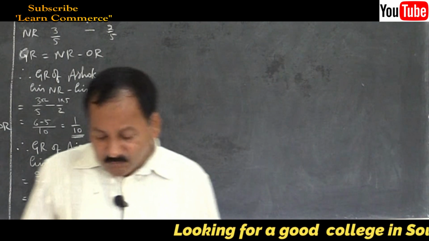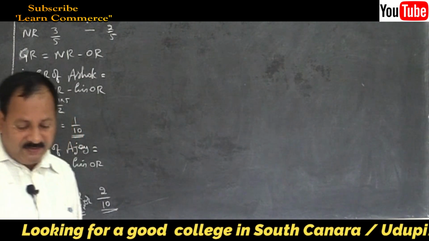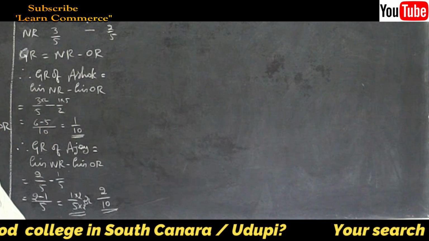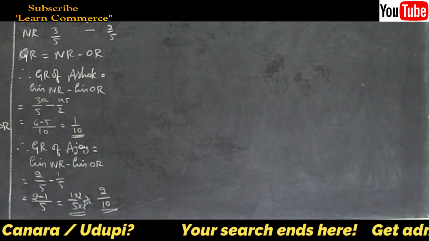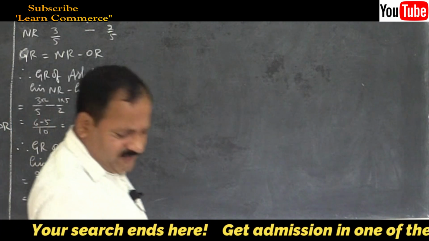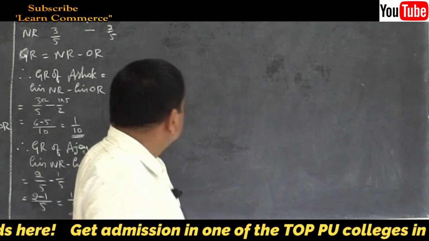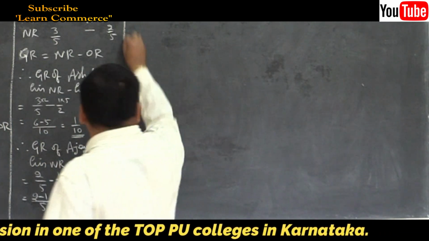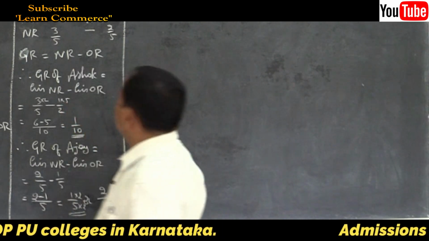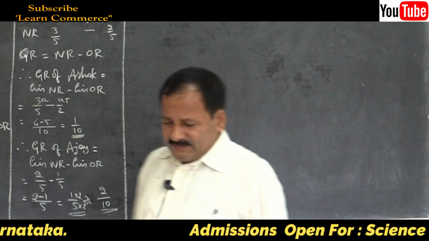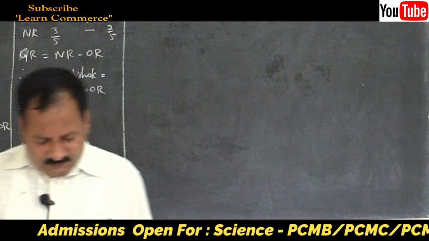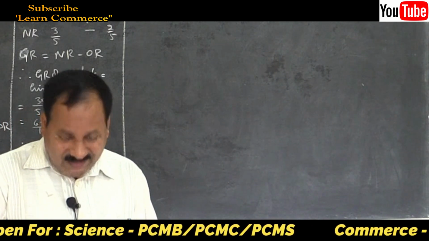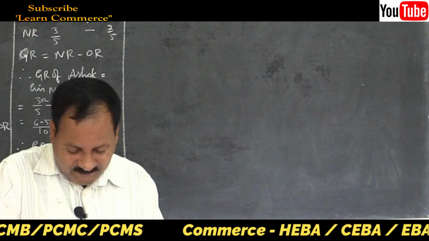Now, let us move on to the other part, that is problems on calculation of new profit sharing ratio. Very simple. Simply we have to change the formula, that's all. So let me read out the next problem, problem number 6.